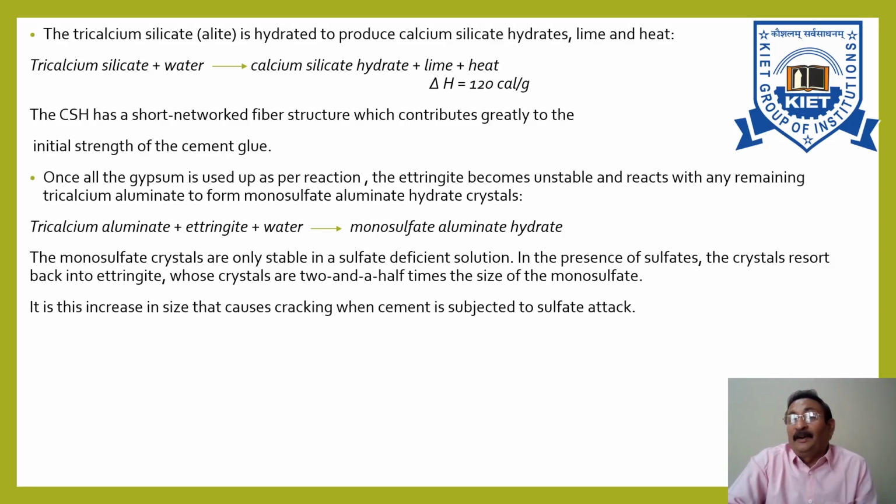In the presence of sulfate, these crystals revert back to ettringite, and the ettringite crystal size is 2.5 times the size of monosulfate. Due to this difference in size, when sulfate attack occurs, cracks can develop.